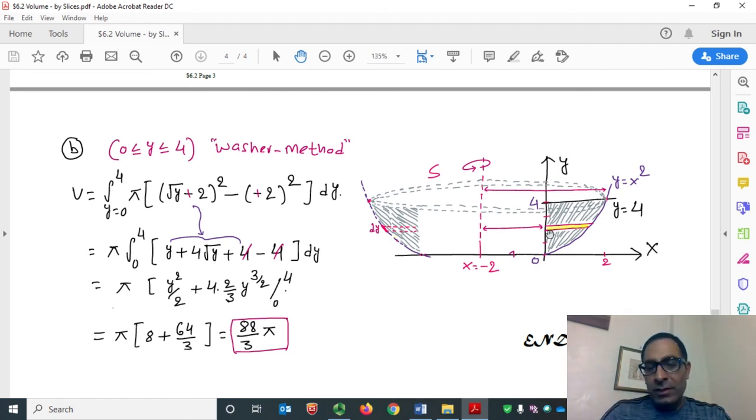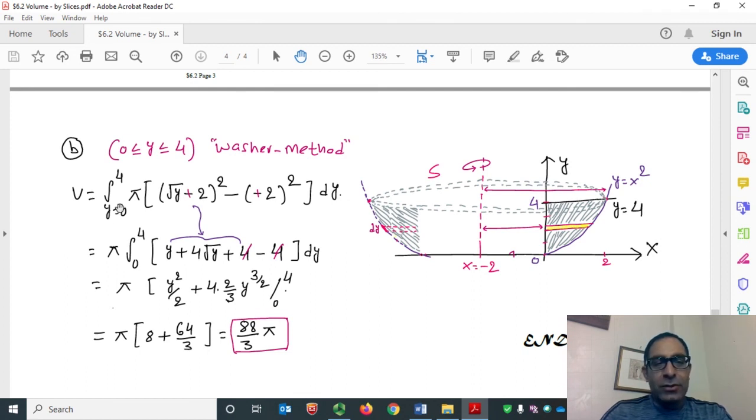So take this stripe here, whose width is dy, and rotate it around the line x equals -2. Then this generates this shape here, a kind of nice bowl shape. So again we are using the washer method. Let's find the volume.